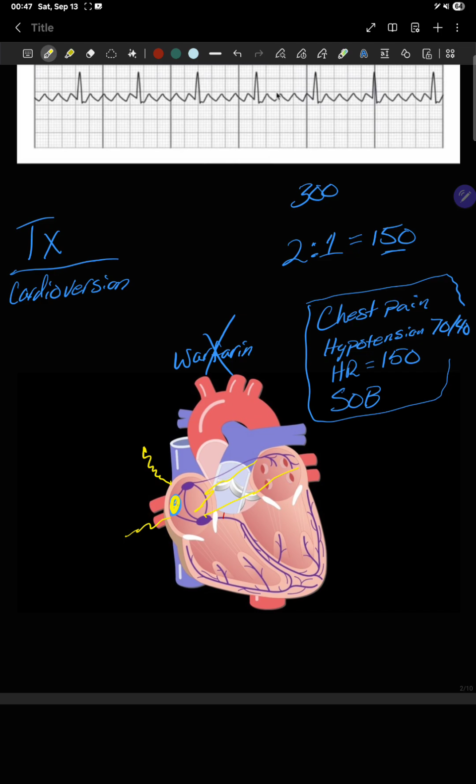Well, when we cardiovert like that, because it's so forceful, we can run the risk of breaking it off and throwing it into the system.